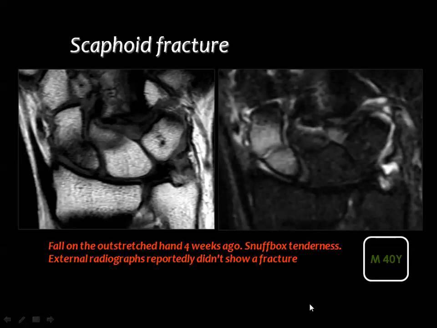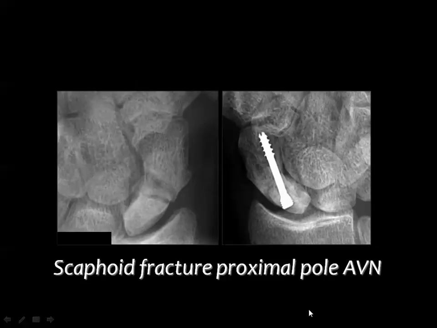By MRI, it is easy to see the fracture line across the scaphoid bone, and you see the diffuse bone marrow edema showing low signal in T1 and high signal in T2 weighted images. This is a fracture of the scaphoid waist with developed avascular necrosis identified by the sclerosis of the proximal part of the scaphoid.